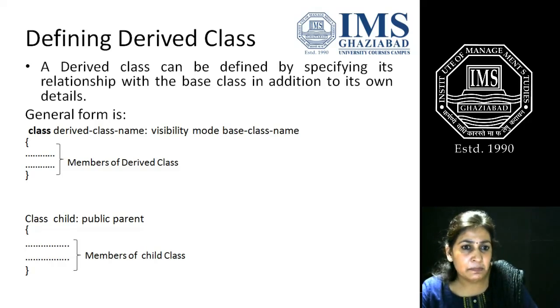For example, we have a base class parent and we are deriving a class child from the parent class in public mode. So we have written class child public parent.